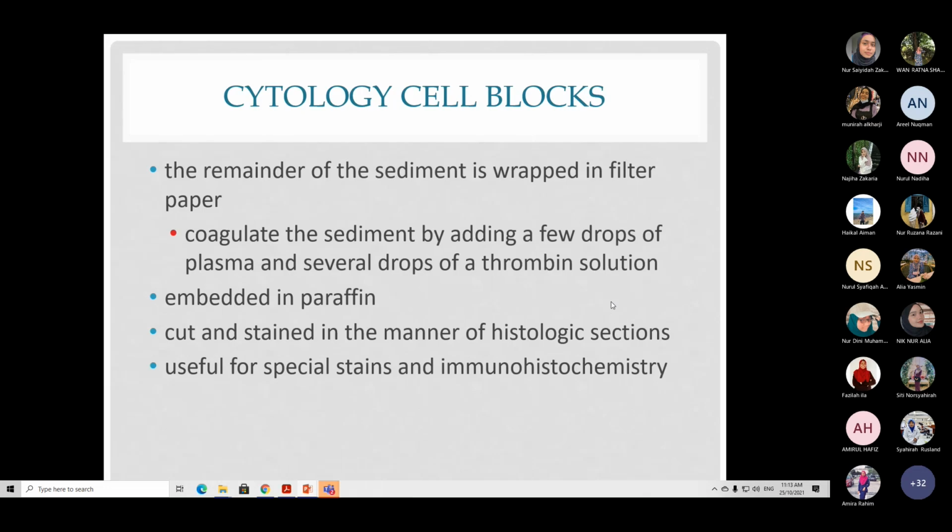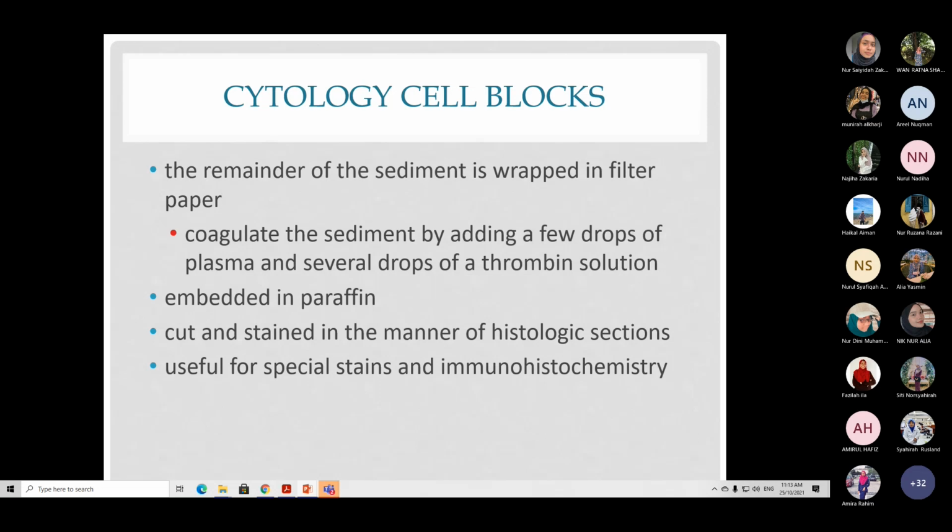Okay. In some hospitals, I think, because not all hospitals have a cytology laboratory. But if they have a cytology laboratory, they have to perform this cell block technique, cytology cell blocks.